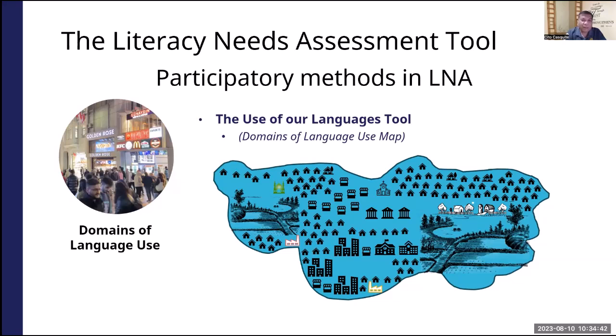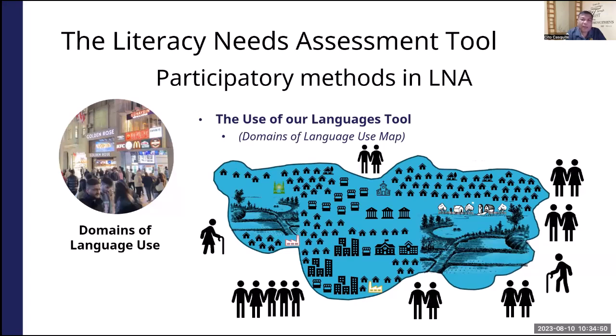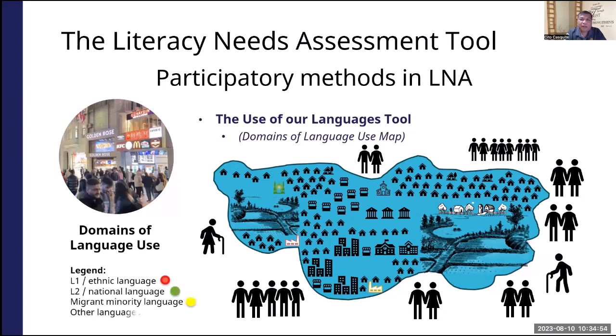But this time, we will look at the languages they used in different domains. So we can again gather the community around the map, and we can use several legends to mark the different languages they're using in different domains. So for example, in the ethnic language or the home language or L1, we can use red, the red marker, and green for the national language, yellow for the minority language, and purple for other languages.